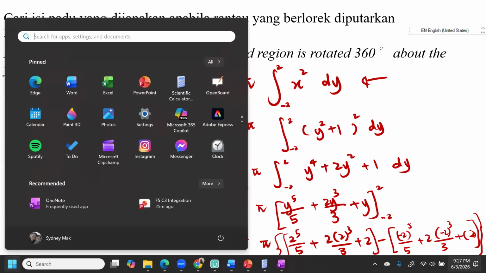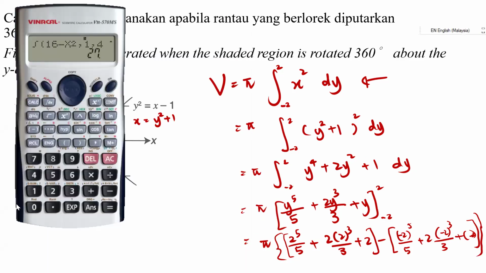Okay, calculator. So we have the integration of x to the power of 4 plus 2 times x squared plus 1, lower boundary negative 2, upper boundary 2. 27 and 7 over 15.